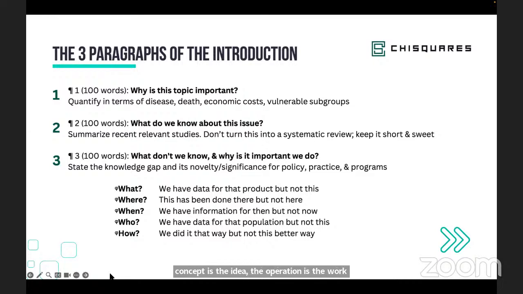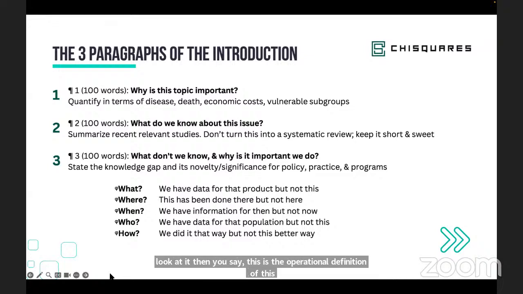So my question now is, am I right if I say that the conceptual definition will come first, then operational definitions will come at the end of the work, after you've administered your questionnaires and you look at it, then you say, this is the operational definition of this, while the conceptual definition is the one before you started the work?